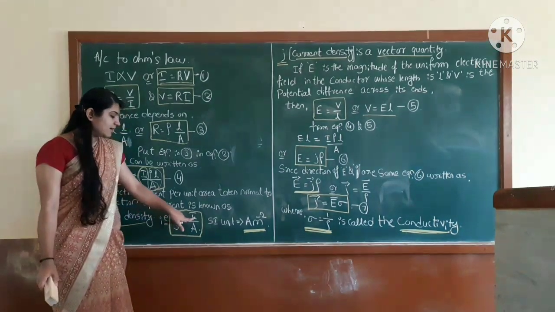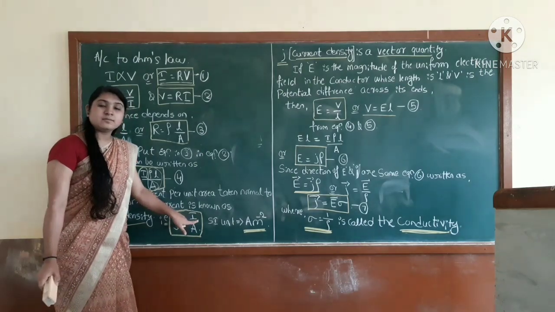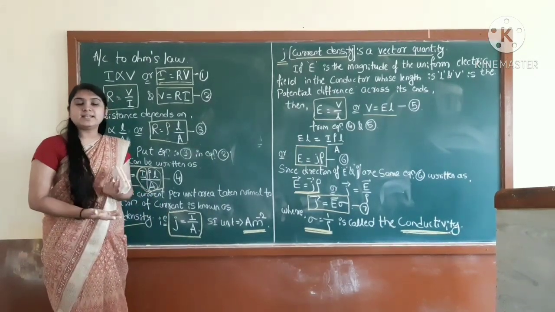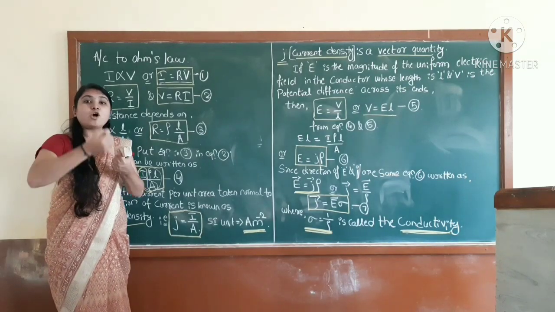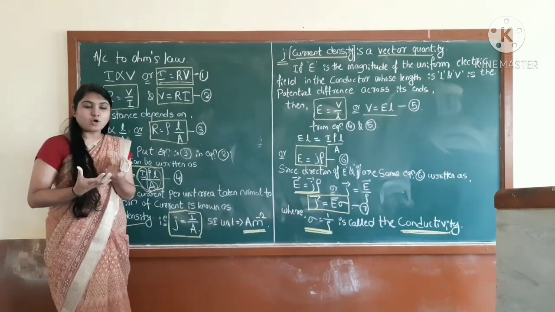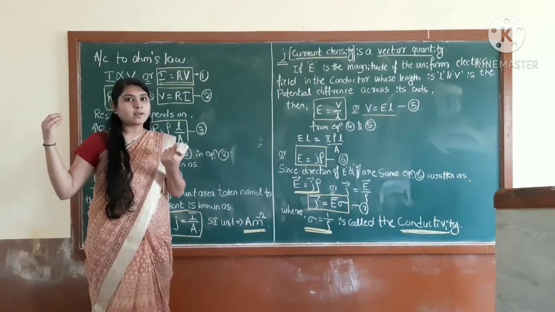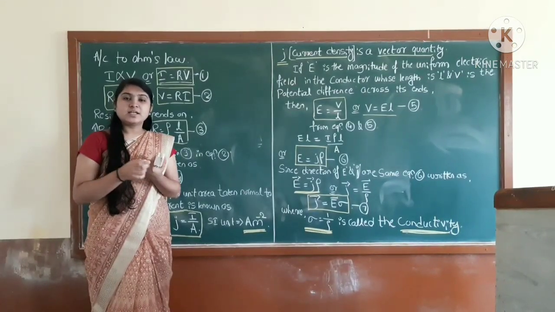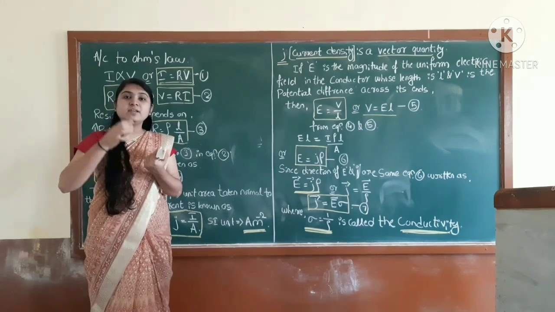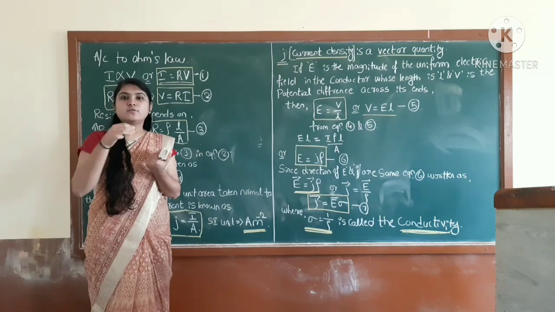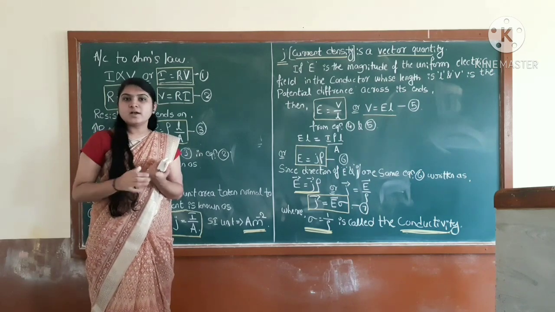So J is nothing but the electric current per unit area. Why do we consider area here? The area of the conductor is important because if the conductor area is more, more amount of charge will pass. If the wire area is less, then of course the flow of the charges will also reduce.